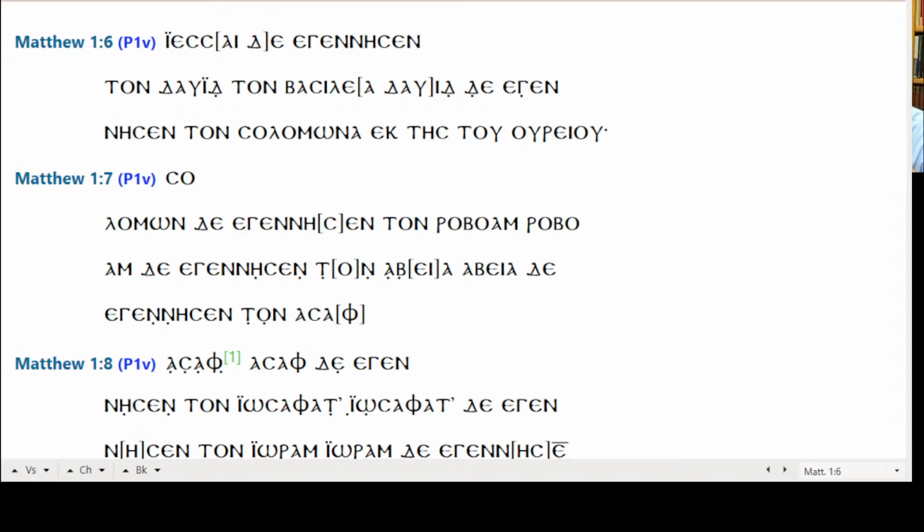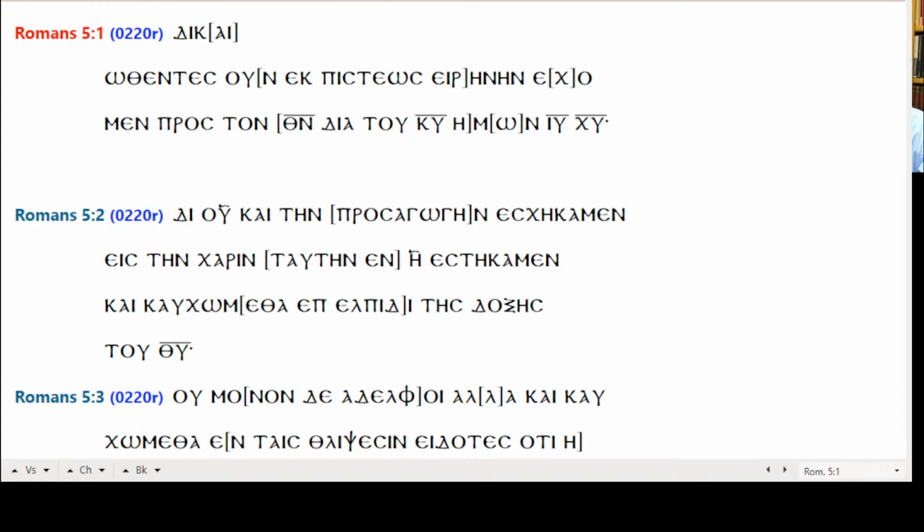Okay, so if you go over to Romans 5 here, we'll see what we have. We only have one manuscript actually, and it does not give us the whole verse. It gives us dikaiothentes, and sorry for pronouncing that in Erasmian, I just have it memorized that way.